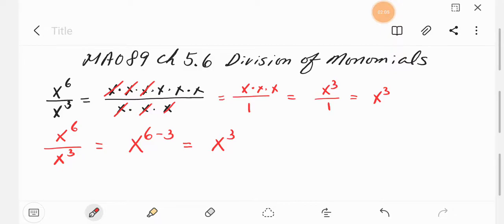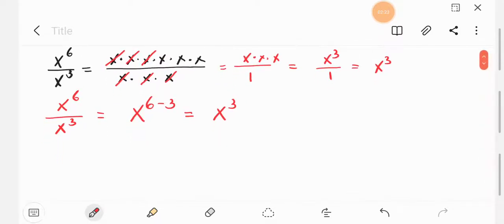Does it make sense? So in this case, we can subtract the exponents. So 6 minus 3, so that becomes x cubed. Okay, let's try more examples.